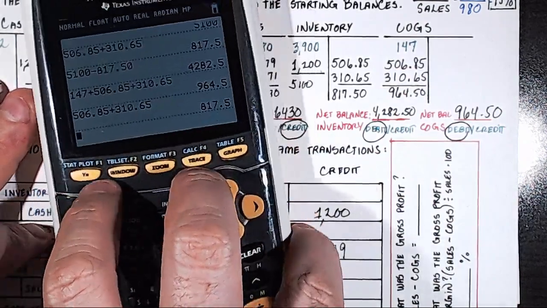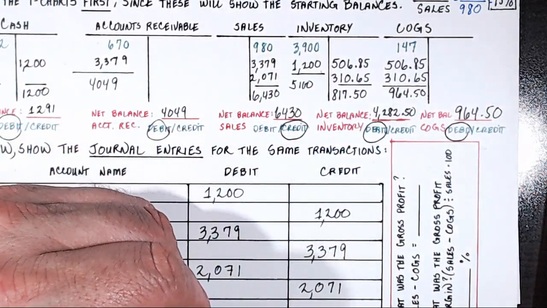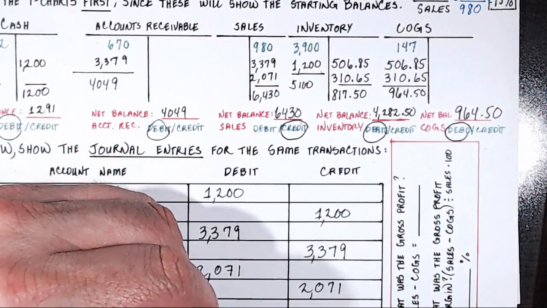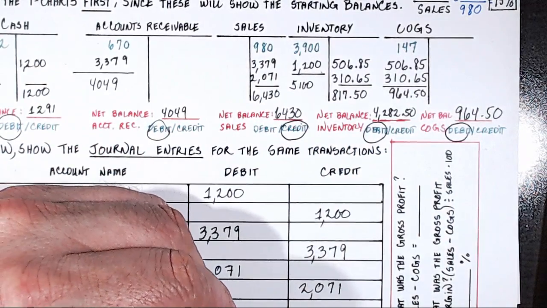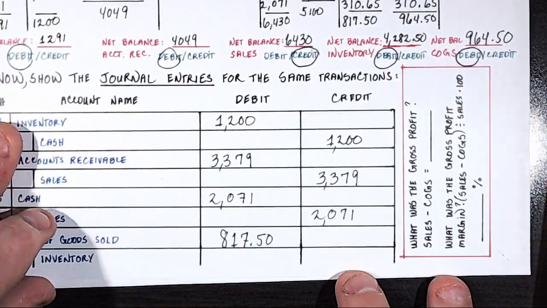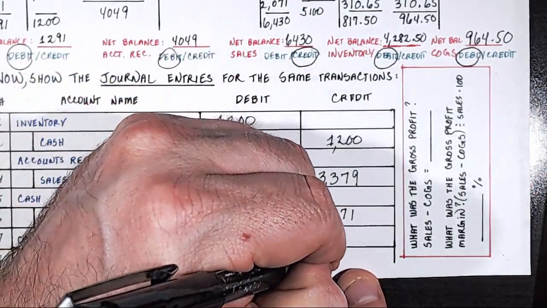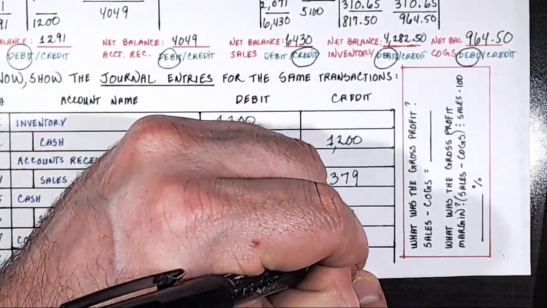That gives me 817.50 total. So I'm going to debit cost of goods sold for $817.50. Okay, and then I'll have to oppose that entry with a credit to inventory of $817.50.